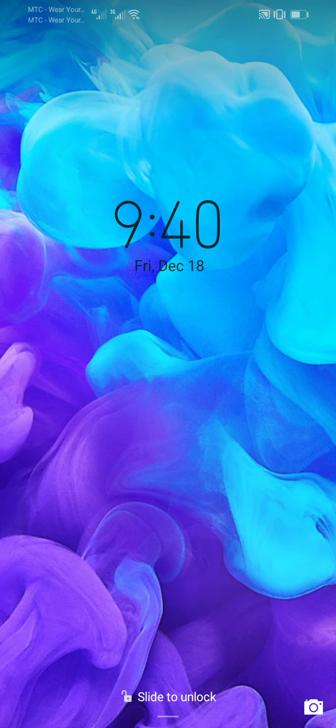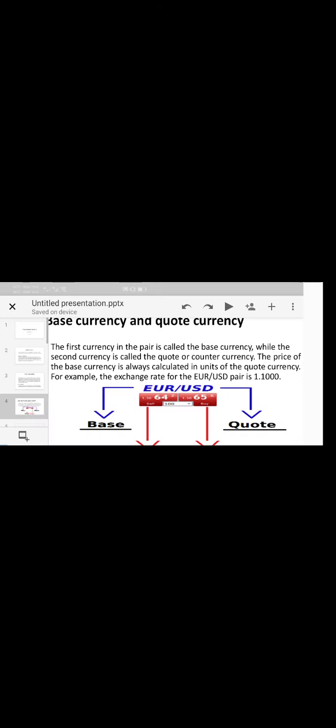Let's say we sell these three pairs. We sold Euro USD, so we are saying Euro will lose value while USD will gain value.